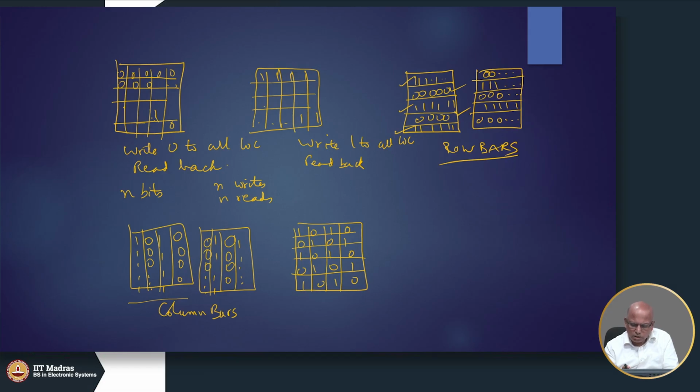So you will need a small hardware module which uses counters, etc. to generate these patterns. Then you can invert this. So you can write 0 1 0 1, 1 0 1 0, 0 1 0 1, 1 0 1 0. These are called checkerboards.